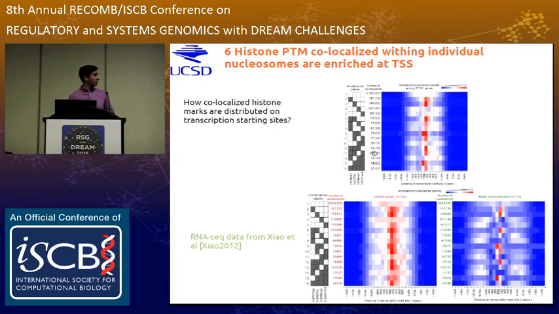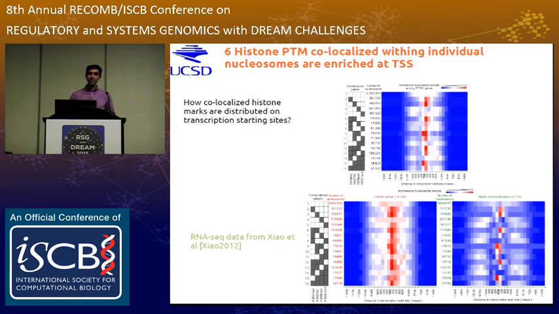And you can see that almost all the combinatorial patterns are enriched at around the transcription starting site, but they fade away as we move downstream or upstream. This leads us to speculate that these nucleosomes contain information that is important for the regulation of gene expression.